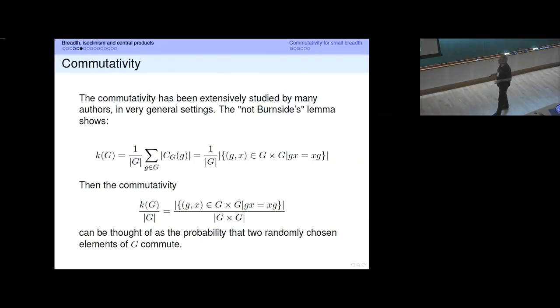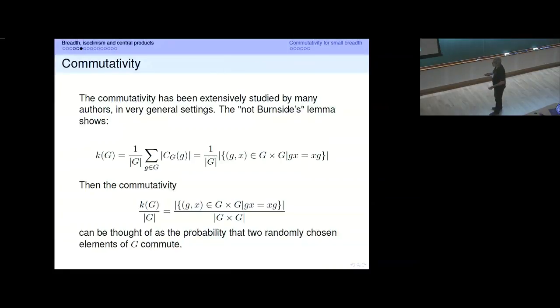You have to use what Peter Neumann calls the lemma which is not Burnside's, the famous lemma that counts the orbits of an action. In this case, where the action is conjugacy, the number of conjugacy classes, the orbits, is just the average of the size of the centralizers, the fixed points.